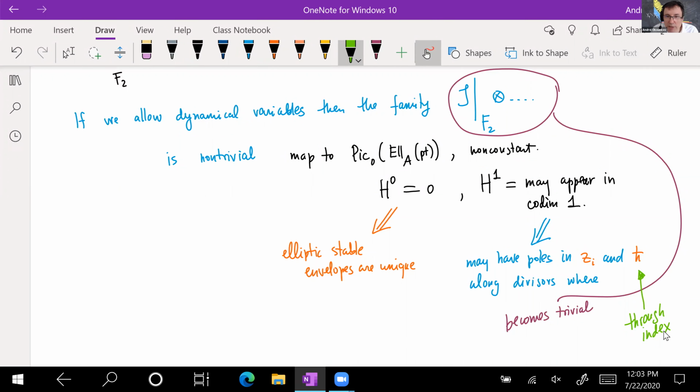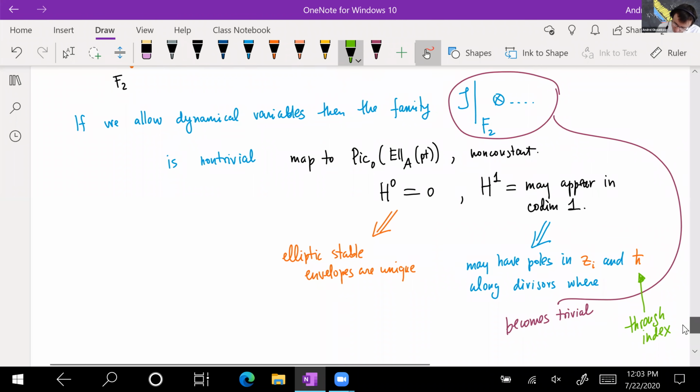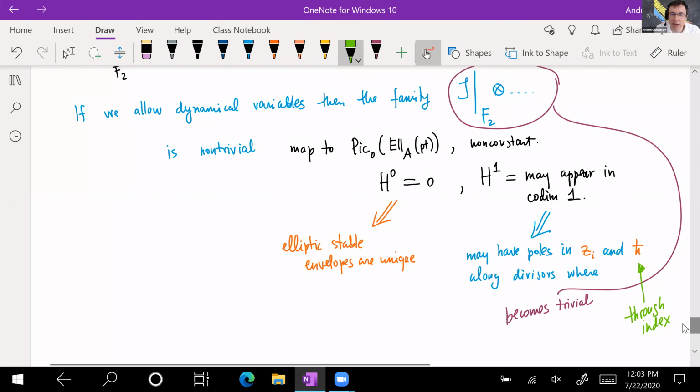It could happen that this line bundle will hit the trivial line bundle in codimension one. Generically it's not trivial, but it might hit. It can be a divisor where it hits the trivial point, and then there will be poles. This is why it's important to have them all.